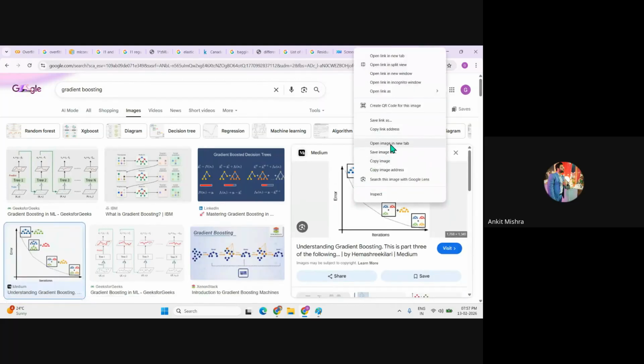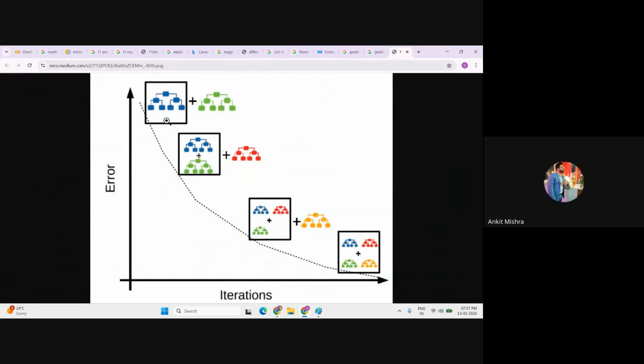Where we are eliminating the miscalculation, or we try to minimize the error with an increasing number of iterations, right? This one is the perfect classification, but somehow we got the misclassification. Then in the next iteration, we try to minimize the losses. In the next iteration again, we try to minimize the loss, followed by the descent approach.